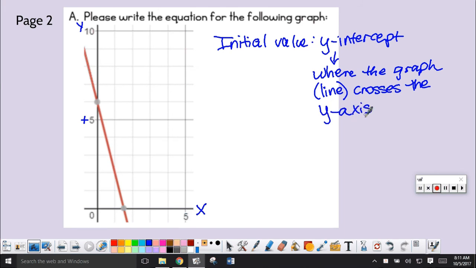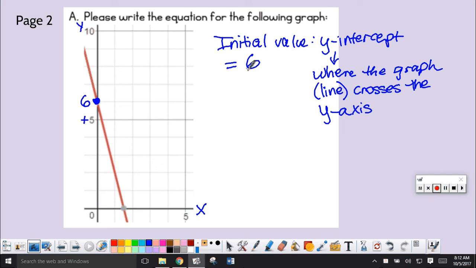I'm going to look and see where my red line crosses the y-axis, and it's exactly at this point right here, and that point is 6. So my initial value is equal to 6, and I'm going to construct my equation in just a second once I have all of my pieces.